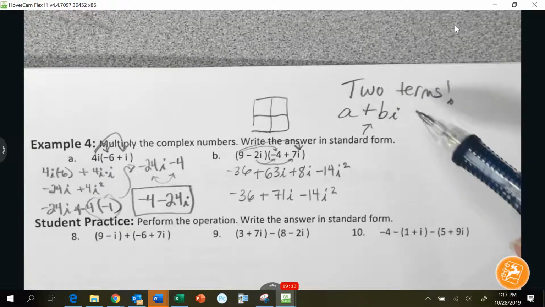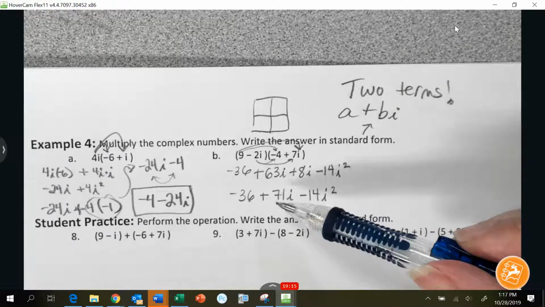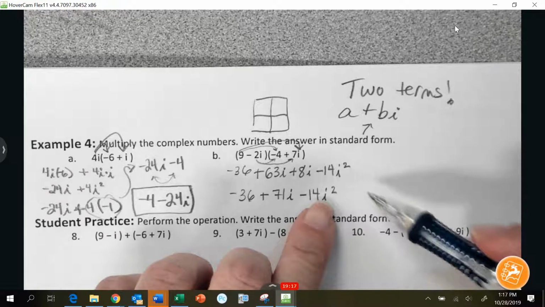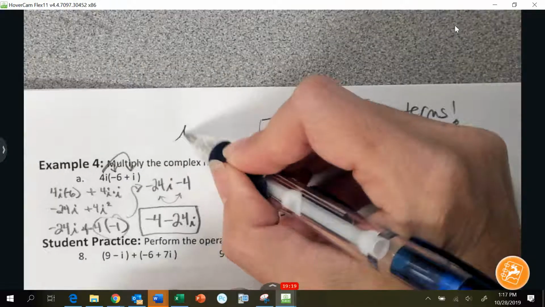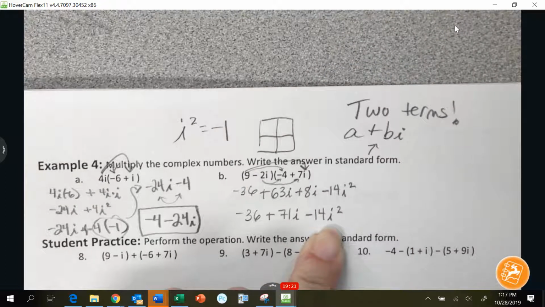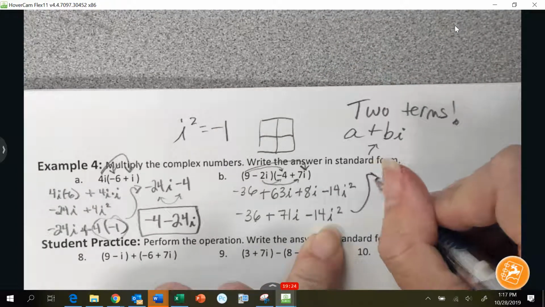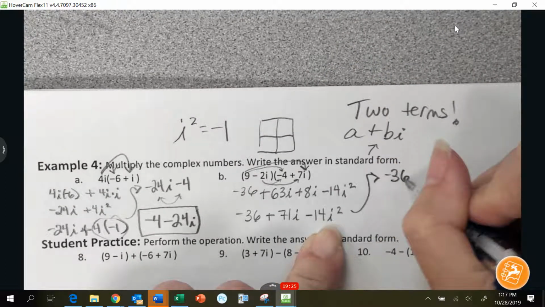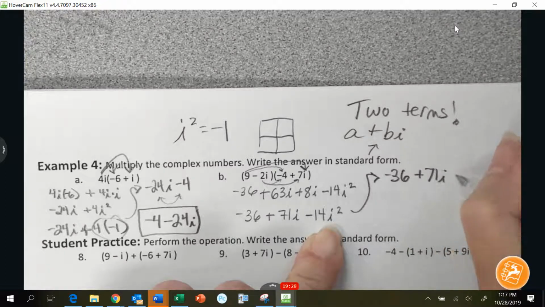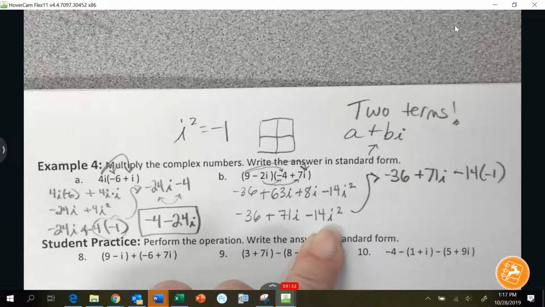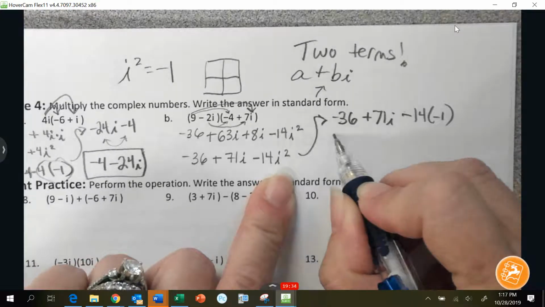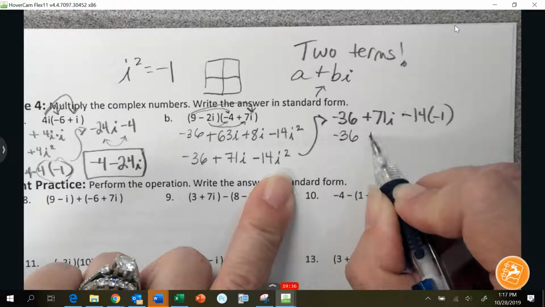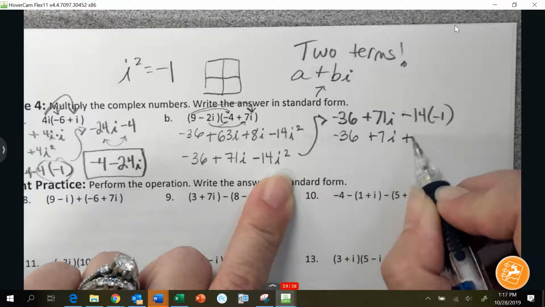So then I look, I have to have 2 terms, so there's got to be something I still need to do. i squared is negative 1. So my next step is going to be negative 36 plus 71i minus 14 times negative 1. So negative 36 plus 71i plus 14.